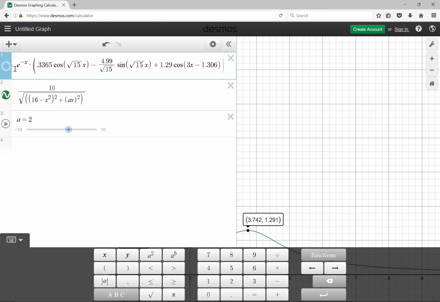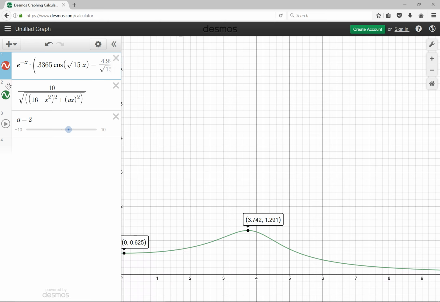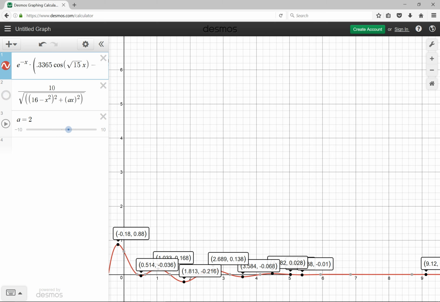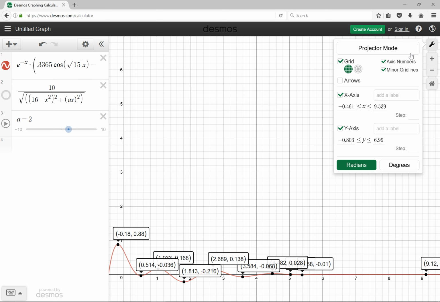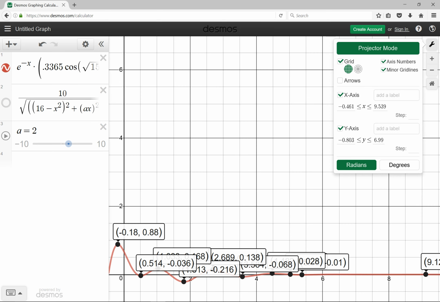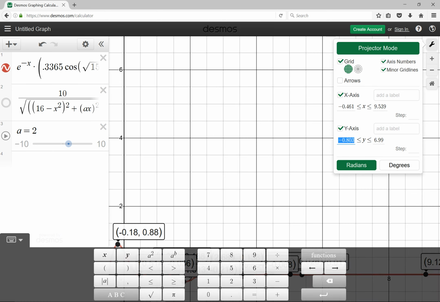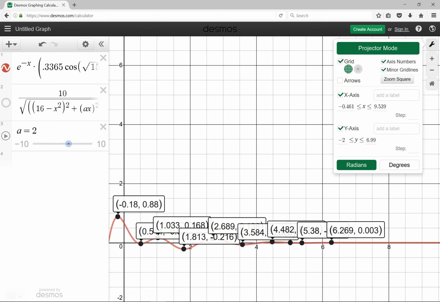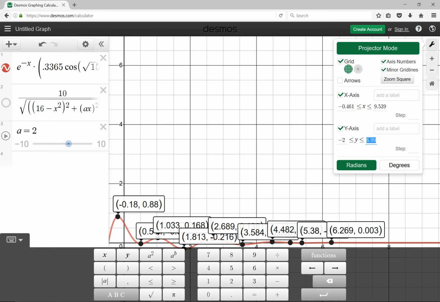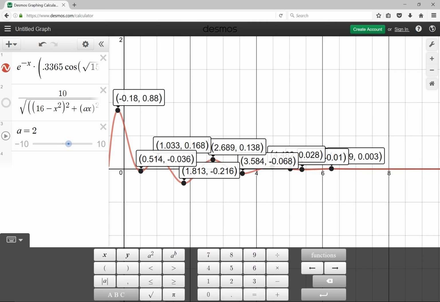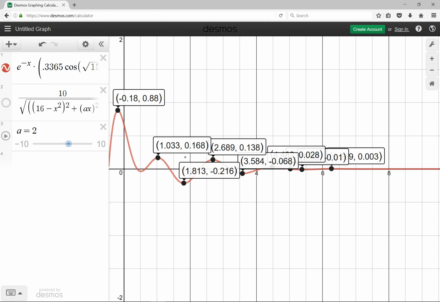Nice. Turn it on. Okay. First of all, let's get a decent... This is disturbing. Why is it doing that?